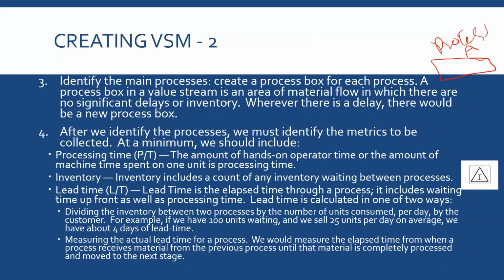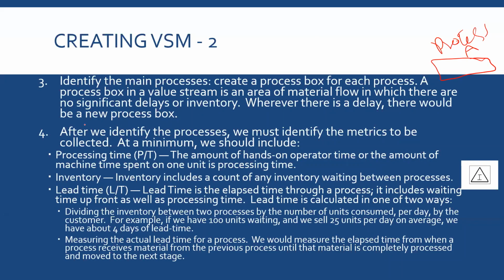A process box in a value stream is an area of material flow in which there are no significant delays or inventory. Wherever there is a delay, there would be a new process box. Whenever you see a delay, that indicates a new process, so you have to have a new box here.